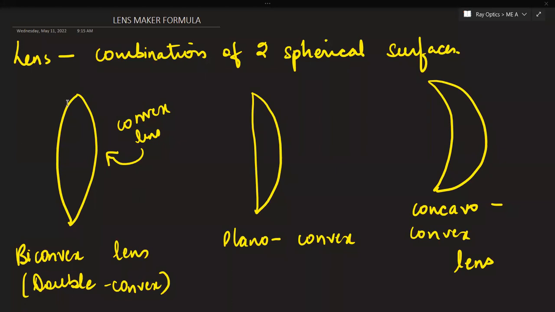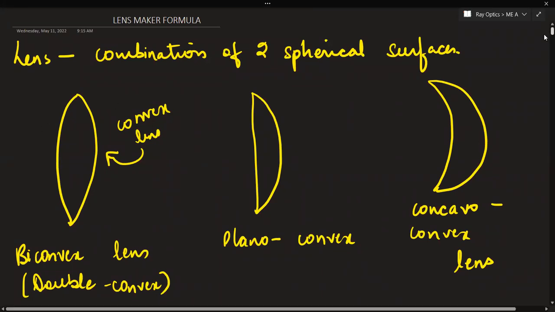Here we combined them facing each other. If one is facing oppositely, that becomes concavo convex lens, because one side has this concavity, while the other has convexity, the bulge part. Mostly you will be getting convex lens only.